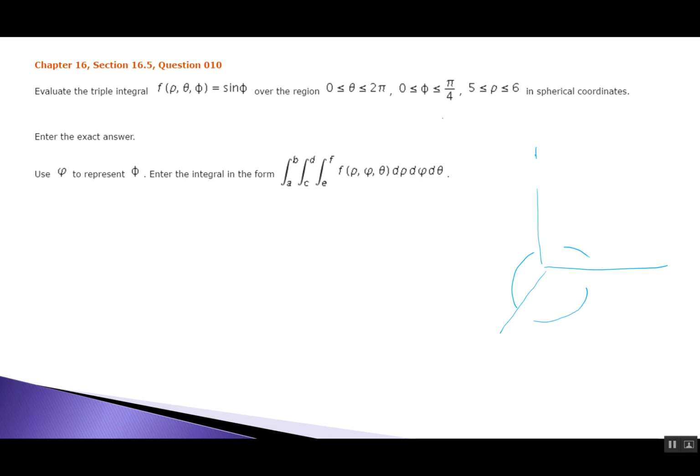My phi is between 0 and pi over 4, so this goes all the way around, and it has an angle here of pi over 4. My rho is between 5 and 6. So if I measure out 5 units, and then measure out 6 units.